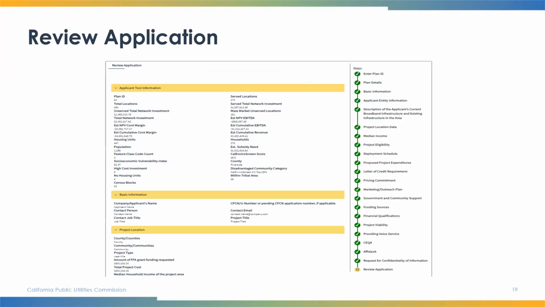Applicants may review their application information by clicking the Review Application button. Click Previous to go back and change entries, or click Save to save the application. Upon completing the review, click Submit. If an application is missing any required fields, applicants will be brought to a Required Fields Missing page, where the missing fields will be listed.